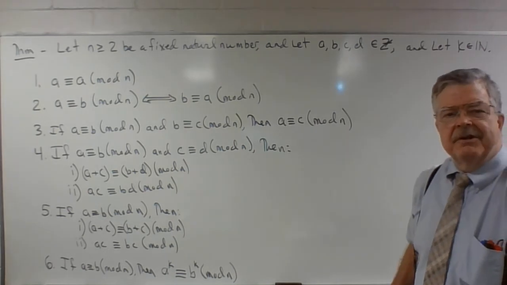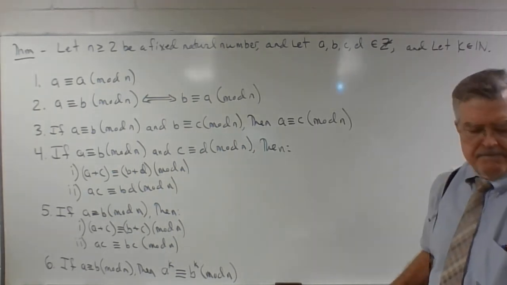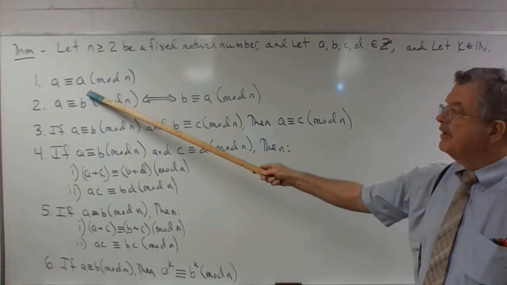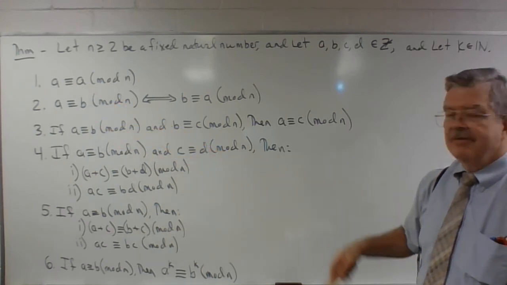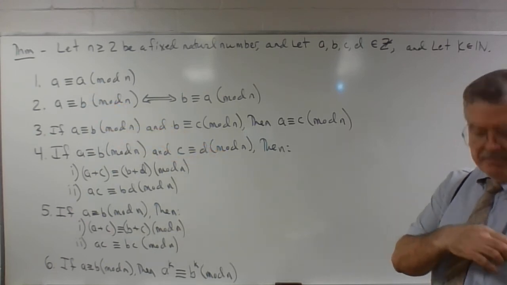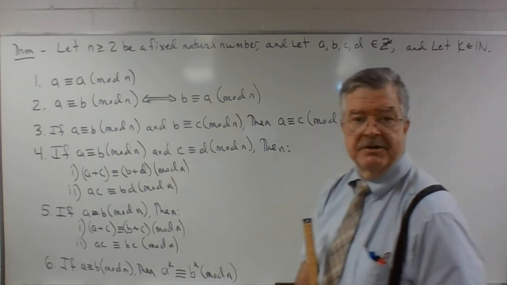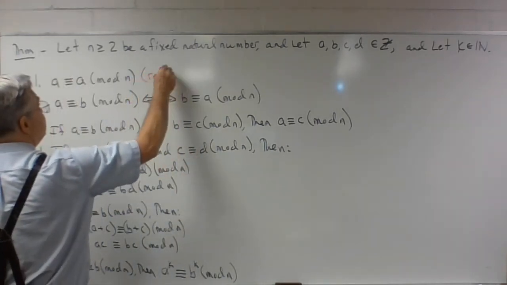Okay, let's look at some properties of modulo arithmetic. First of all, every integer a is congruent to itself, modulo n, where n is just a natural number greater than or equal to 2. So I guess we'd call this what? Reflexive.